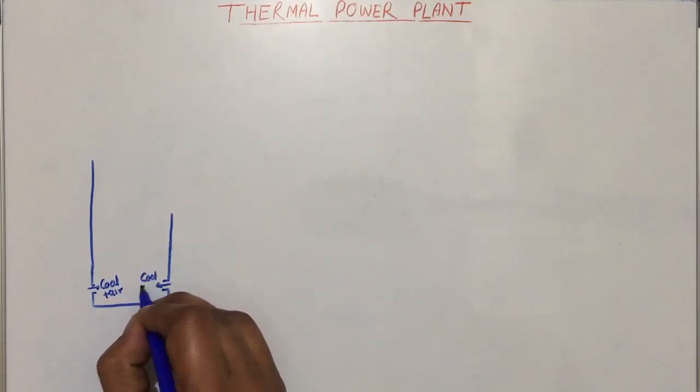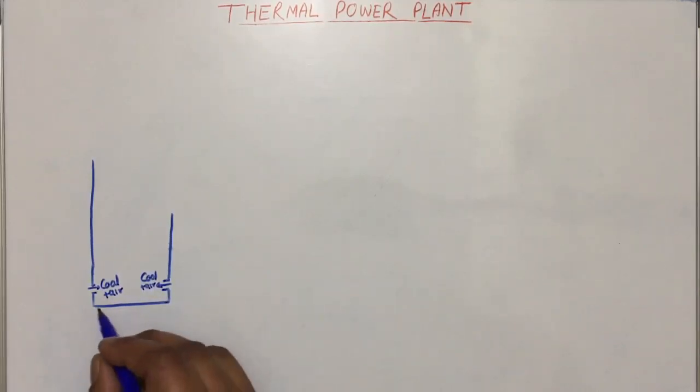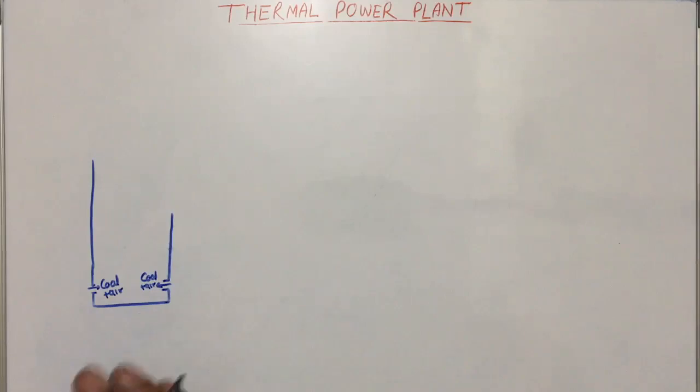Coal plus air. Now, if the coal is pulverized, then we can say almost certainly that the burning of the coal takes place quickly and complete burning will be there.